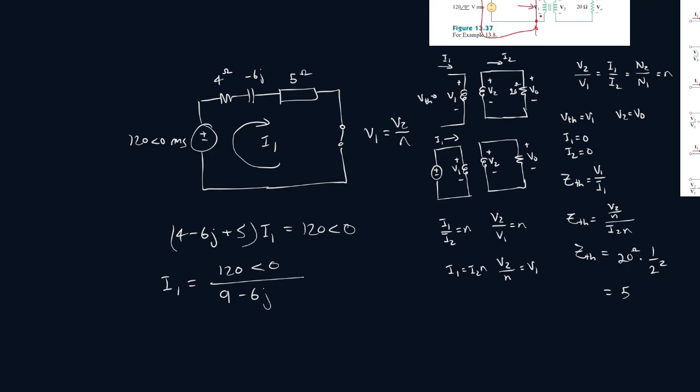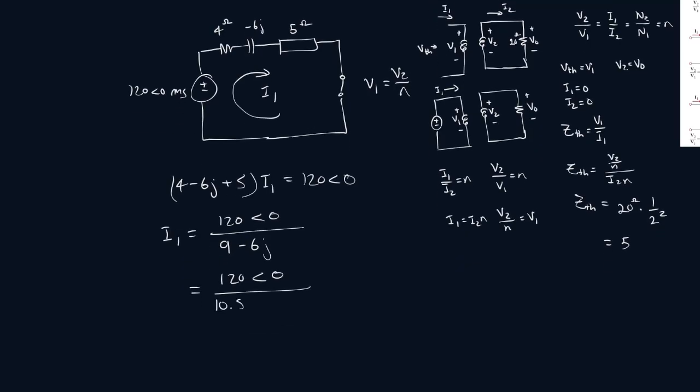In phasor format, that's 10.816 phasor minus 33.69 degrees, so I1 is 11.094 phasor 33.69 degrees.